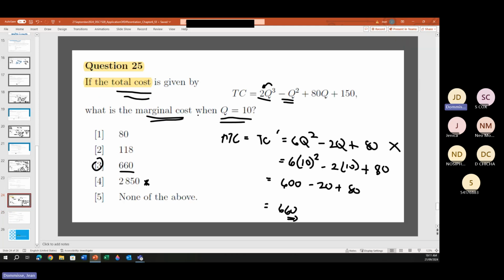But very important in this one, just check if you have put in 10 in the original. 10 to the power of 3 is 1000, times 2 will go there. 10 times 80 gives you the 800. That would have been 10 times 2. So 150 minus 100 gives you the 50.